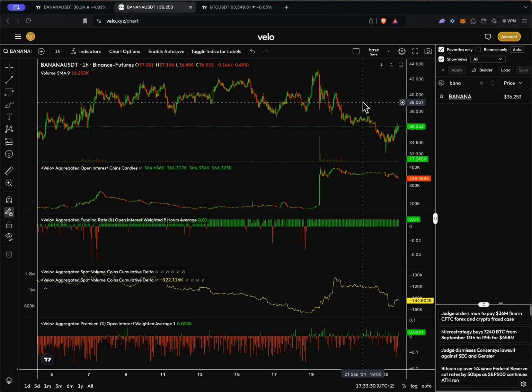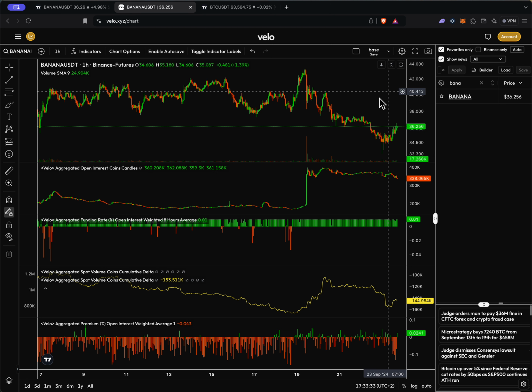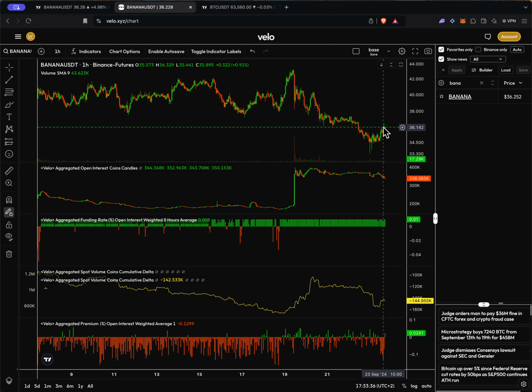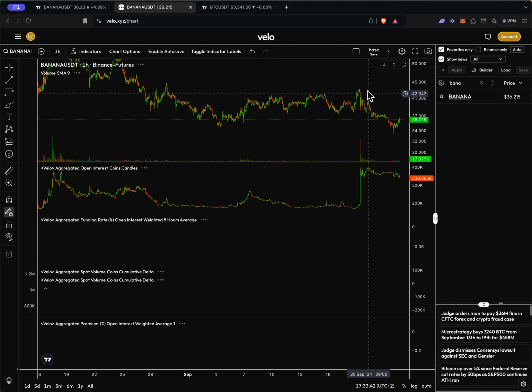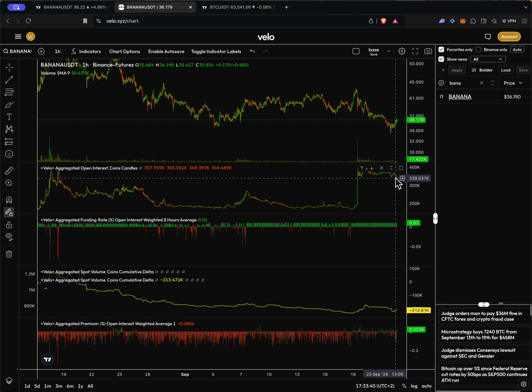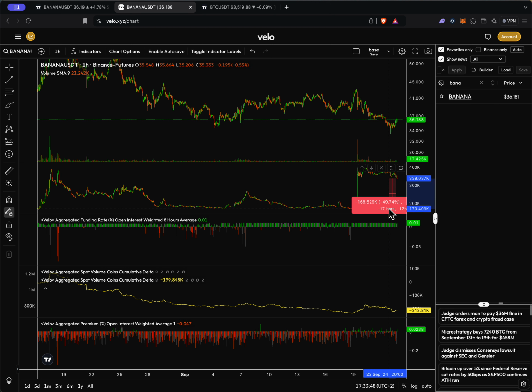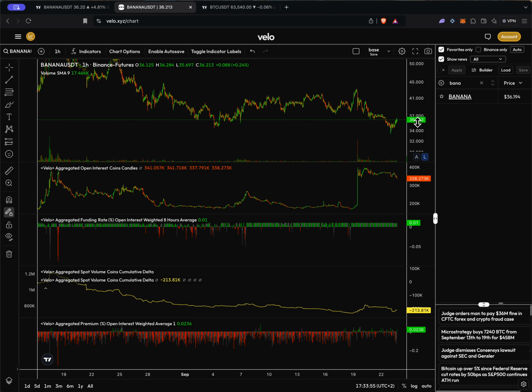And normally market makers are going to look for this, and they're going to push the price higher to stop and liquidate everyone who's shorting from here, and this would mean 168k coins. 168k multiplied by 36, more or less, is about $6 million on a coin like banana, where I don't know how much the market cap is, but it's a new coin and has a very low market cap actually.